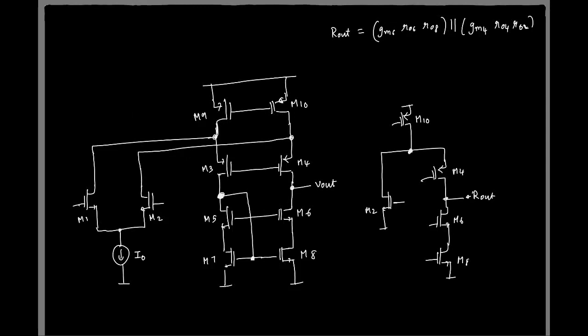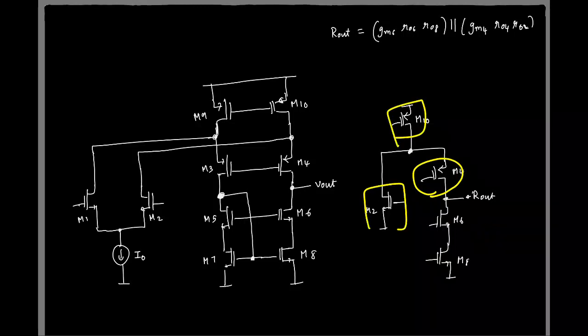Cool. So let's get back to the output impedance. So here, as I was telling, you have this additional transistor here. So how does the output impedance change? Looking down, nothing changes. Looking up, the cascode is still M4, but the resistor it sees is basically the parallel combination of these two.